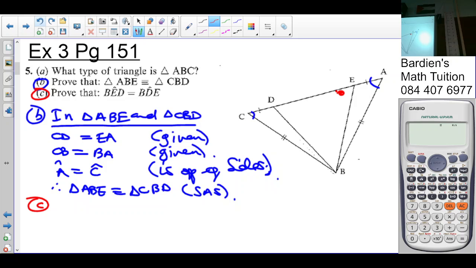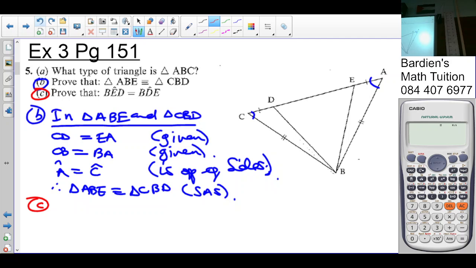We'll start off this by saying that BED. Oh no, there's an easier one. Who thinks they solved this one?